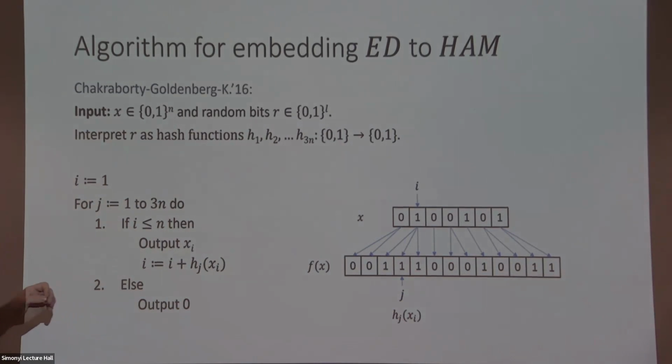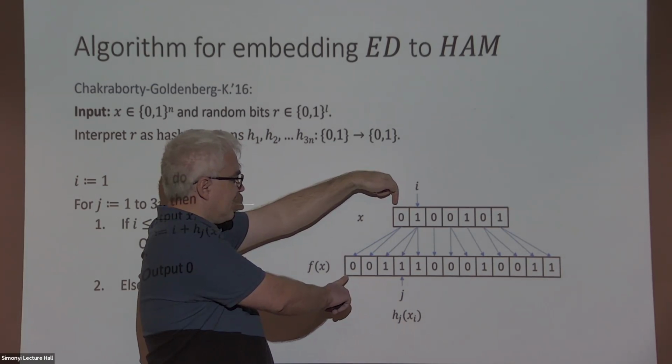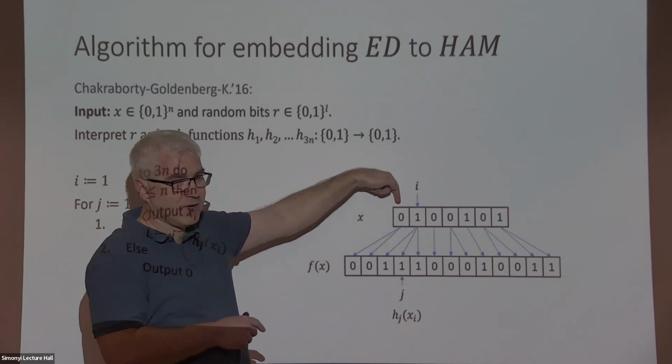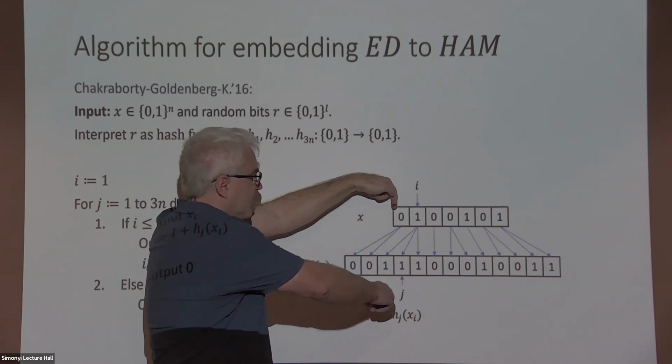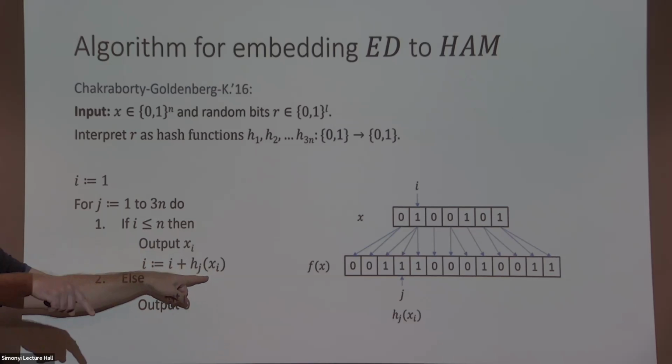So again, how do you map them? You start with i over here and j over here, and at each time step you output the bit you are looking at. You advance j by 1 position, but before that you decide whether to advance i to the next position, and you advance it by 1 if the hash function for the j-th output bit, applied to x_i, the bit you just output, tells you to advance.